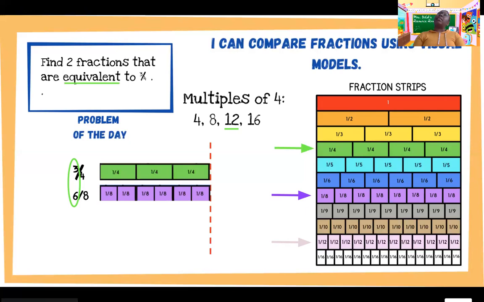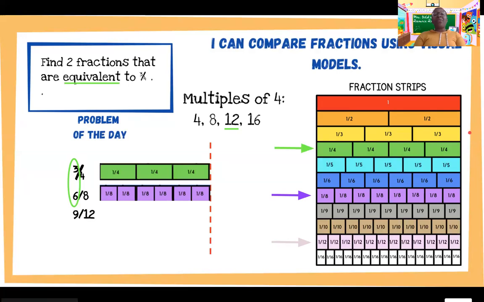3, 6. Did you notice we were counting by threes? Well, if that's the case, then what's the next numerator? 3, 6, 9. Exactly. So our next fraction should be 9/12.